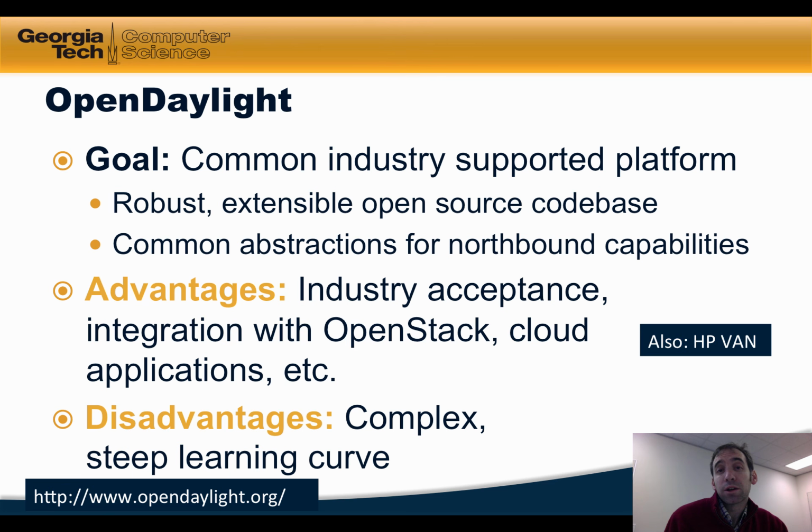Another commercial-grade controller that's worth mentioning is HP VAN. Both OpenDaylight and HP VAN were originally based on the source code of a controller called Beacon, and hence have many similarities both with Beacon and with each other.